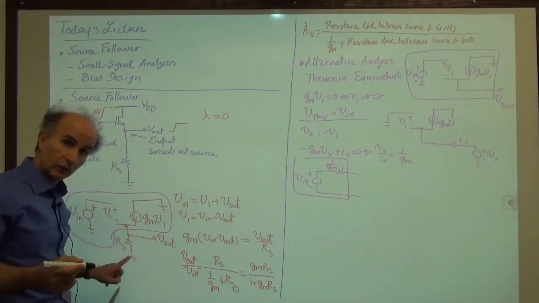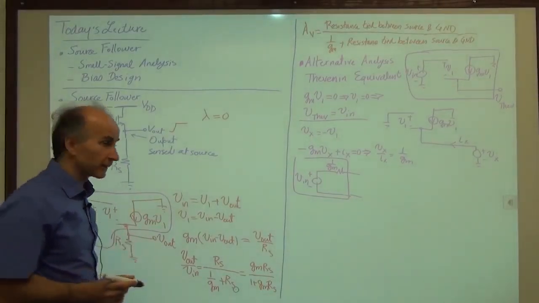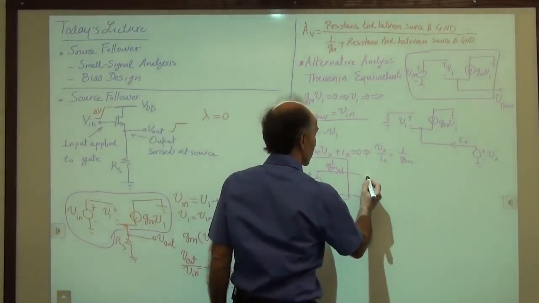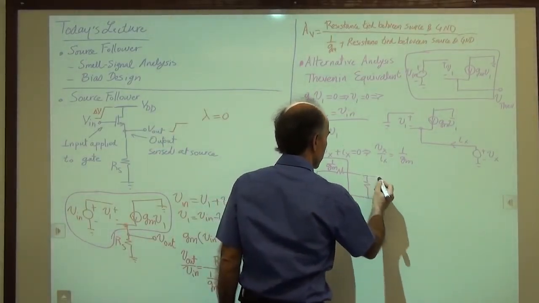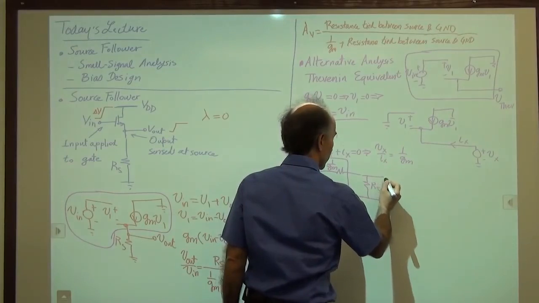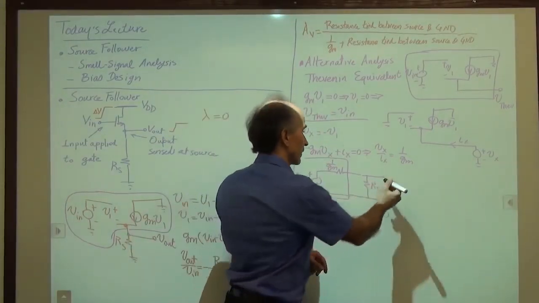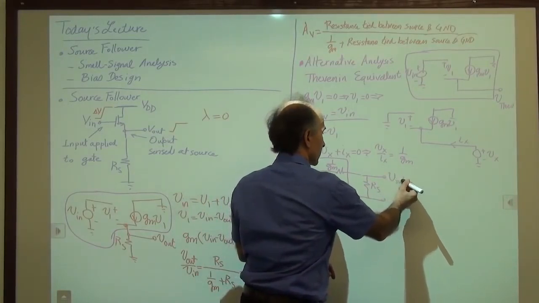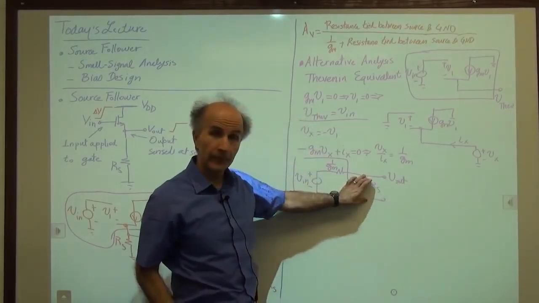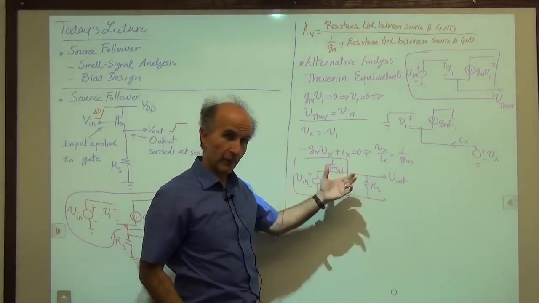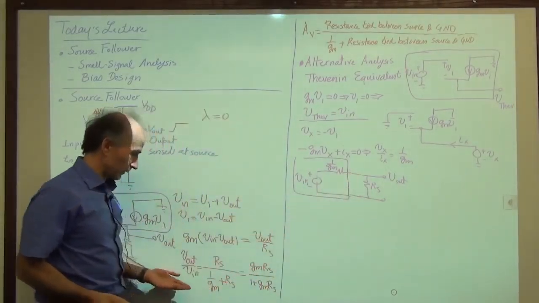Now we go ahead and connect it to RS and see what we get. Of course this is a simple voltage divider, so Vout over Vin is equal to RS divided by RS plus 1 over Gm, which is what we had before.